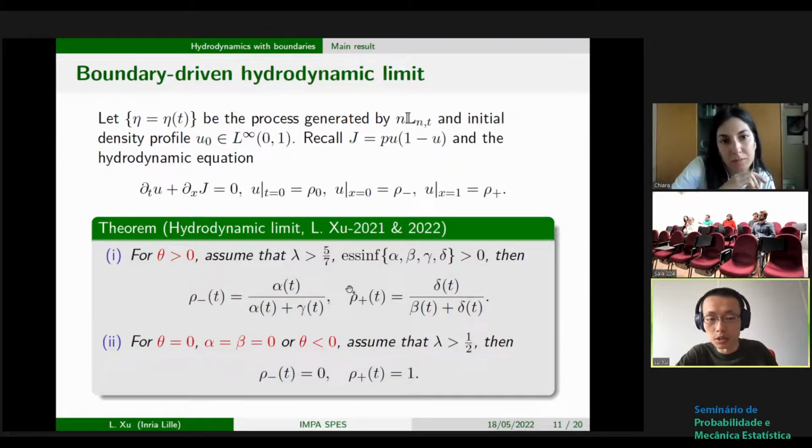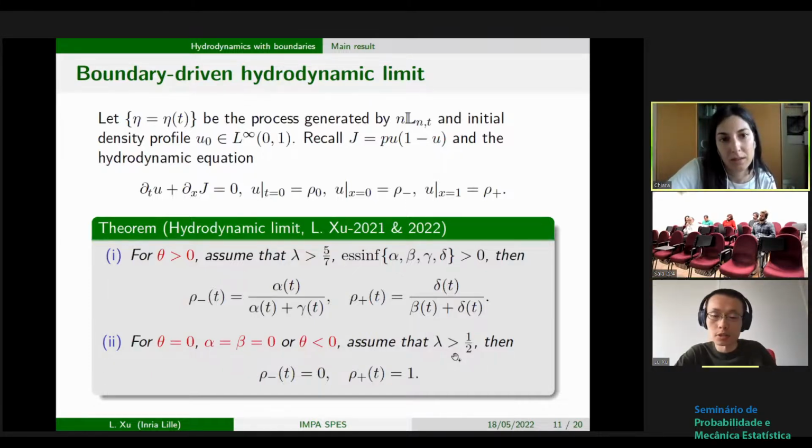So I need lambda larger than 5/7 or 1/2, but we hope the result should be right even without this lambda. It's just harder to prove. And this is true for any alpha, beta, gamma, and delta, so you have the maximum degree of freedom. Yes. And you can also recover Liggett's condition.